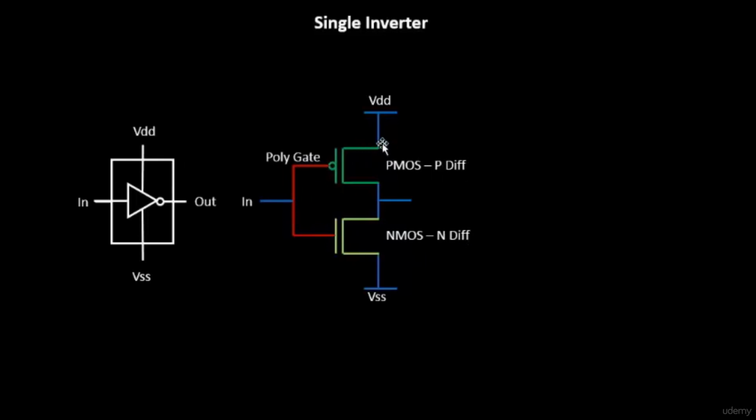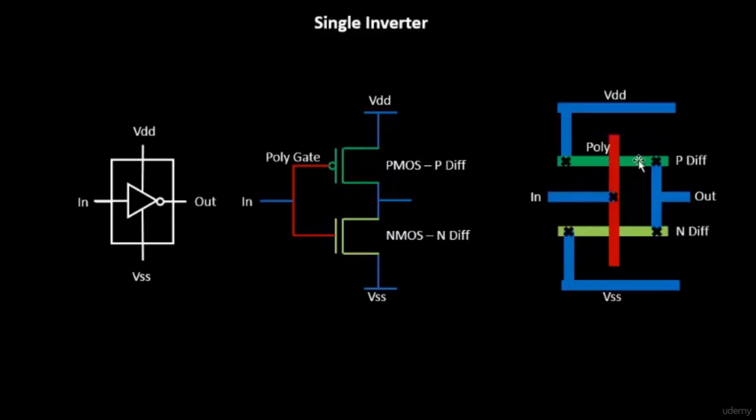Okay, if you look into the layout of this particular inverter, it looks something like this. You have a P diffusion region which is of some width and height. You have this polysilicon area, which is of certain width and height. You have this input and output. The blue lines indicate the metals over here. The green indicates the P diffusion, the yellow indicates the N diffusion area, the red color indicates the polysilicon area, and these are the contacts.